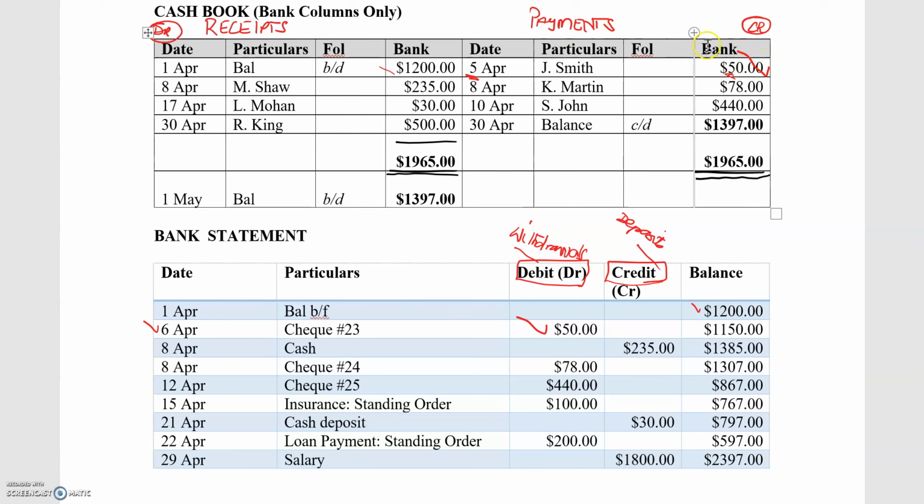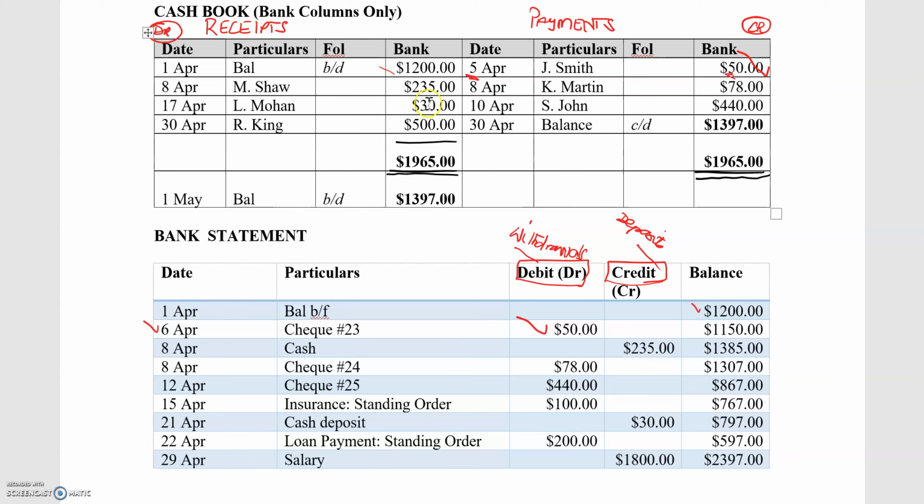So this entry represents a credit entry in the cash book. We look at the bank statement, and if it's a credit entry in the cash book, there should be a corresponding debit entry in the bank statement. And here we have a debit entry of $50 in the bank statement by way of a check written on the 6th of April.